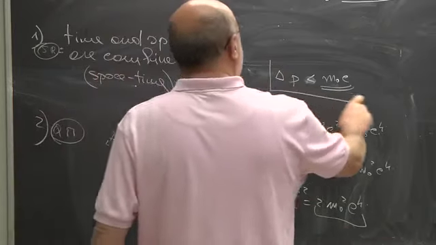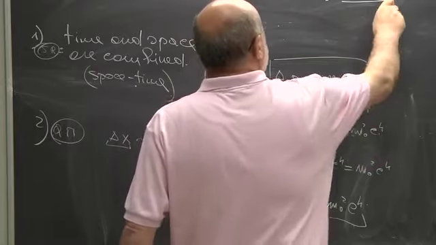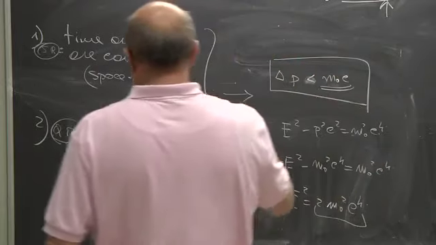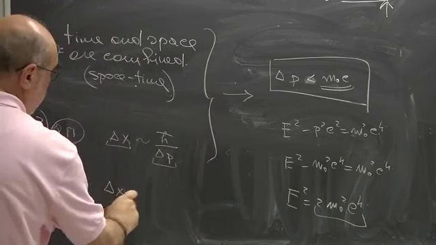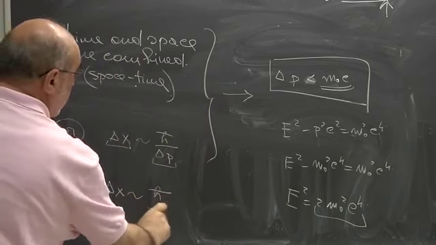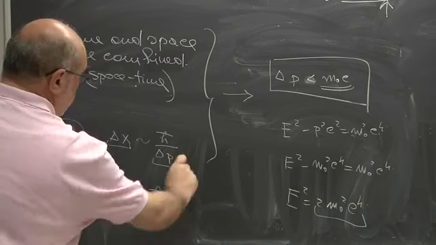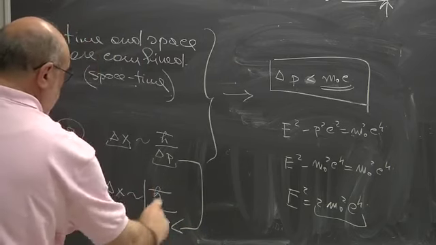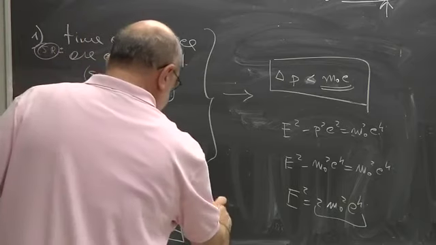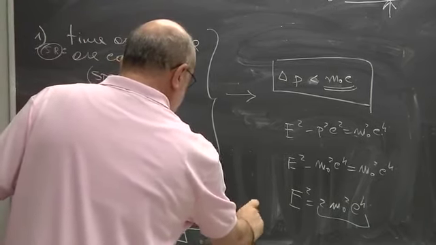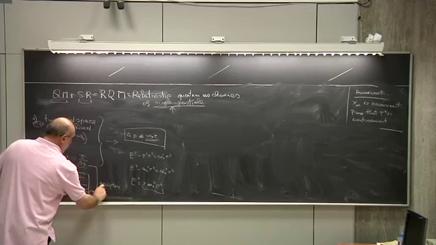So the relativistic theory with this extra ingredient tells me, listen, delta p cannot be bigger than that, but then delta x at most can be this. But what is this? This is something that you know, the Compton wavelength.